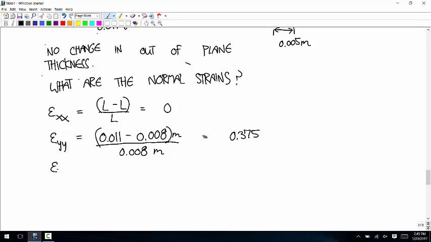And then for ZZ, you have a final length along the z-axis of 0.005 minus the initial of 0.01, divided by 0.01, and you get a value of negative 0.5.